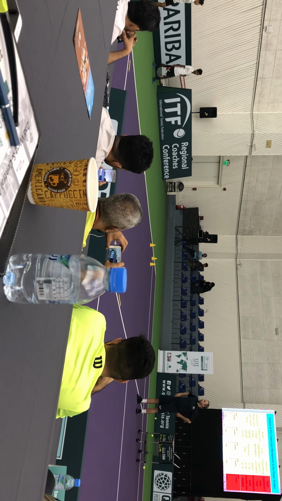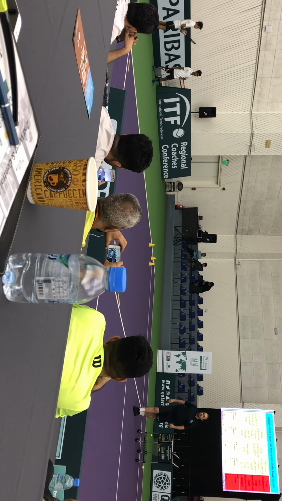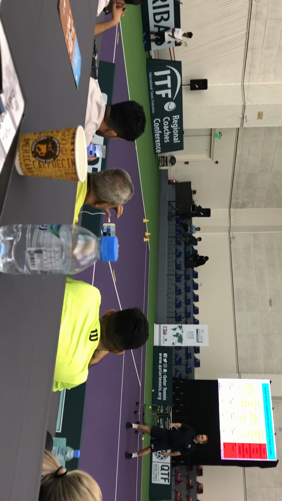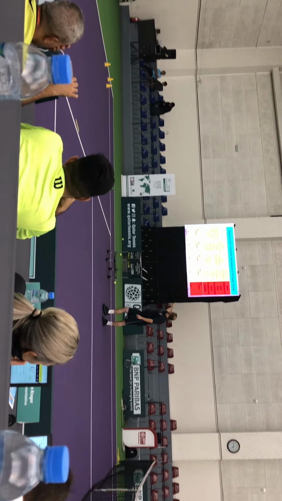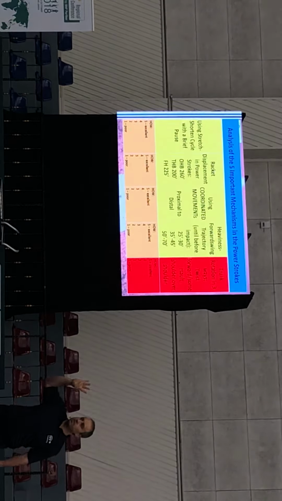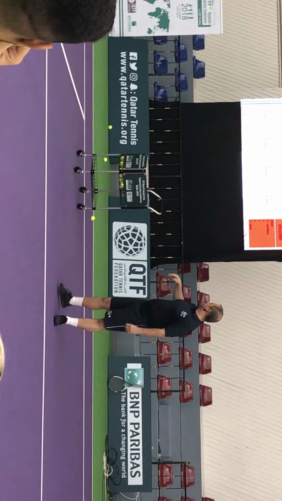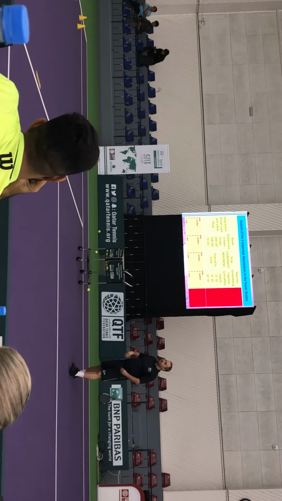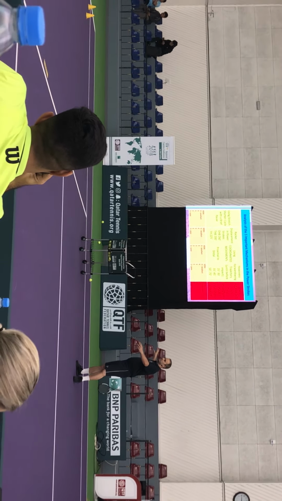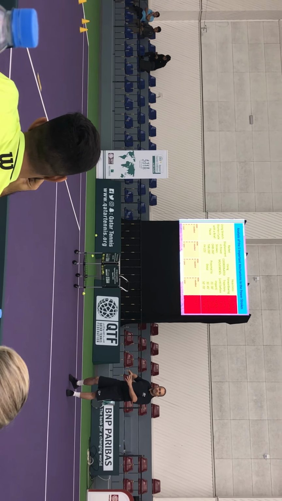Okay, now let's review this forehand. In your opinion, which of these four cues was his strength? Was he good in this end of backswing, having a short delay at the end of his backswing?